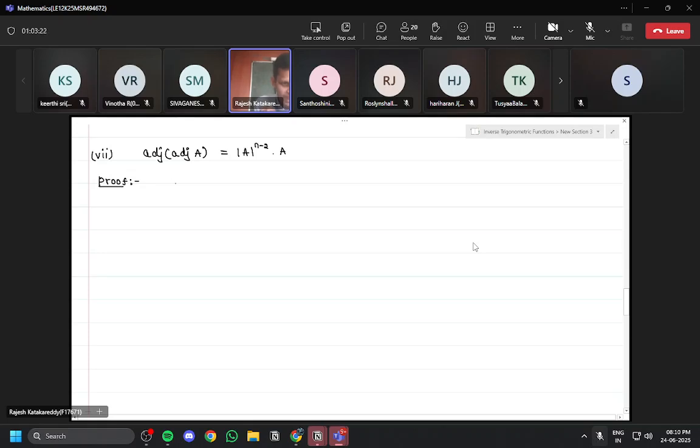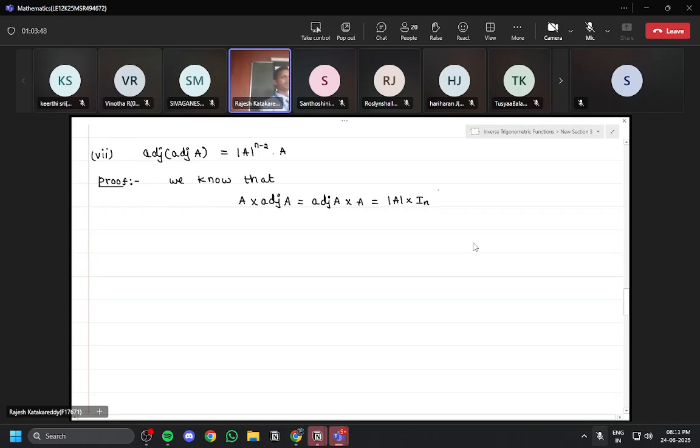From property number 1, we can write that matrix A into adjoint matrix is equal to adjoint matrix into matrix A is equal to determinant of A into identity matrix of order n. So for everything, this is the origin.